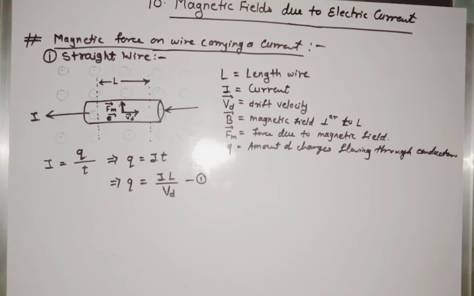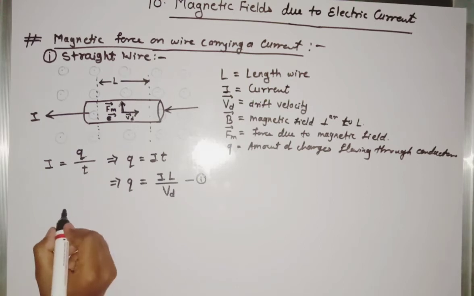Now we are interested to find the magnetic force F suffix M, as in the previous topic we have seen how it is derived.